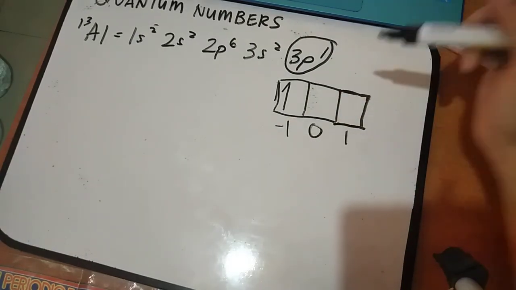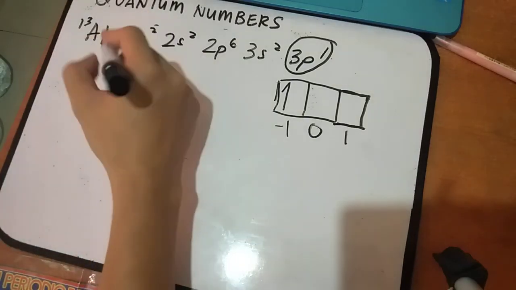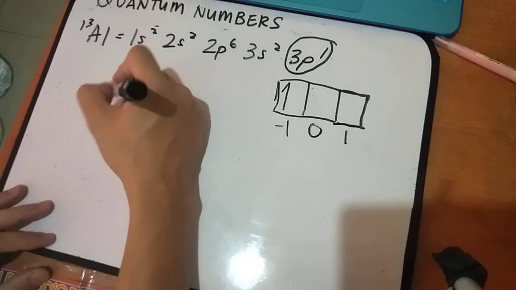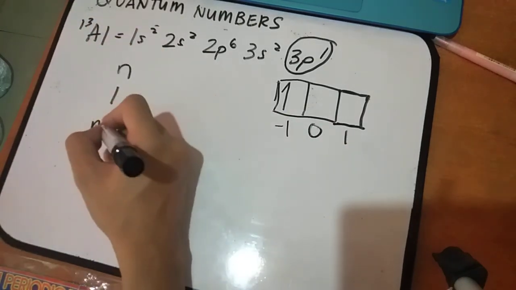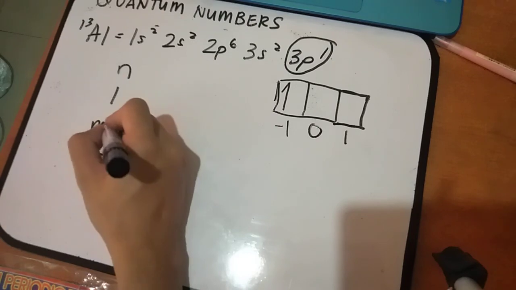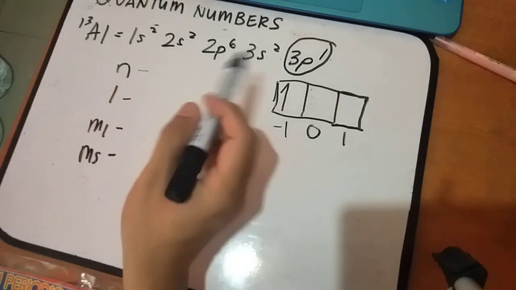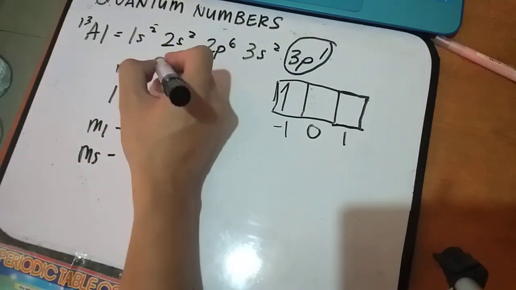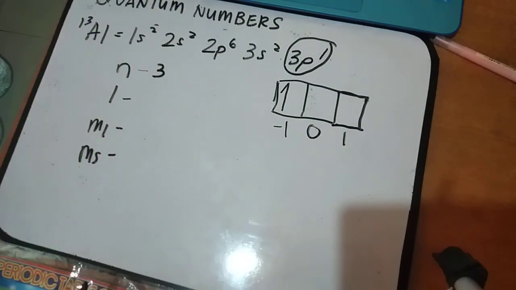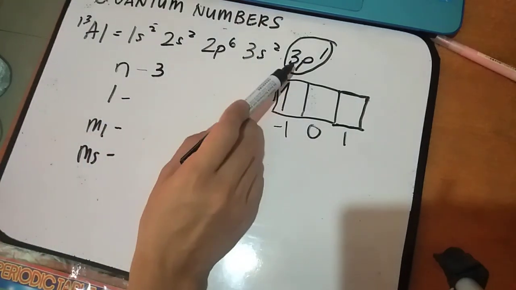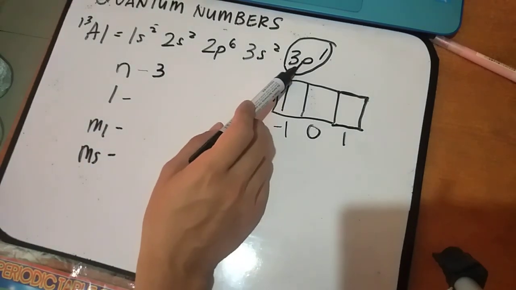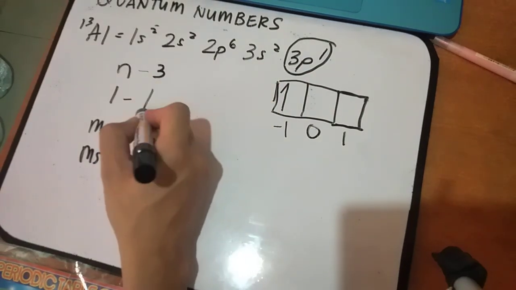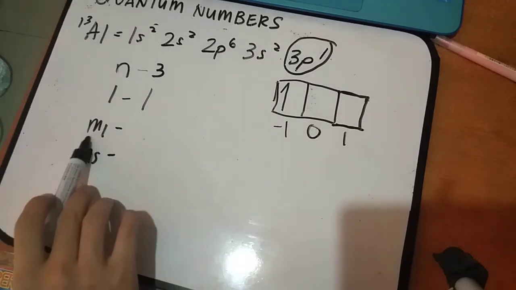Para madali natin matandaan. So, let's now have the quantum numbers. N, L, ML, MS. So, saan tayo nag-end? Last is 3. So, 3. L daw. Tignan natin saan tayo nag-end. We end at P. So, P would be 1. Look at the ML.